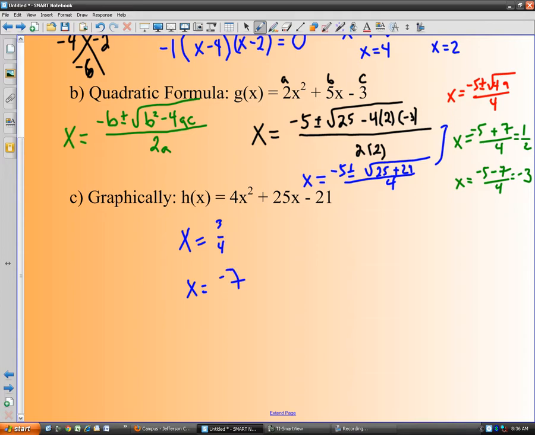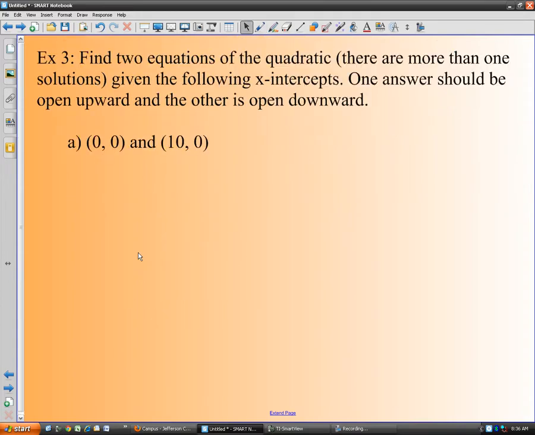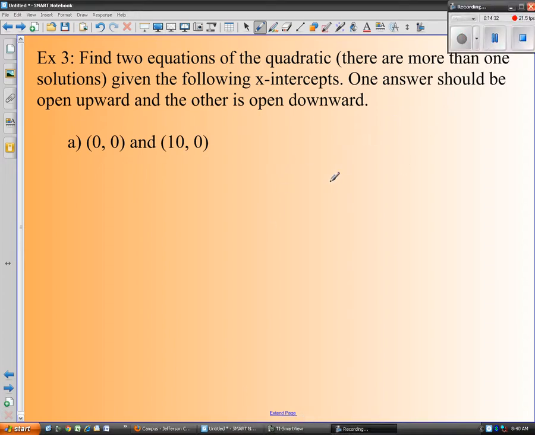So then if we want to find two equations for the quadratic, there's probably more, but we're going to go ahead and use these two to find the x, given these x-intercepts. To find the equation, since these are the zeros of our function, we're just looking at the x values.